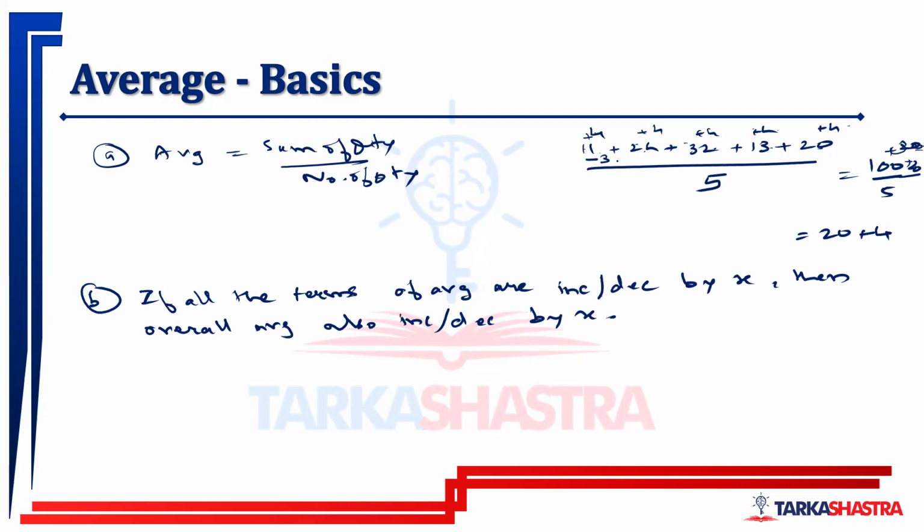If I do minus 3 for each term, the overall average will also reduce by 3. So 20 minus 3, 17 will be the average in that case. I hope you have understood both the points.